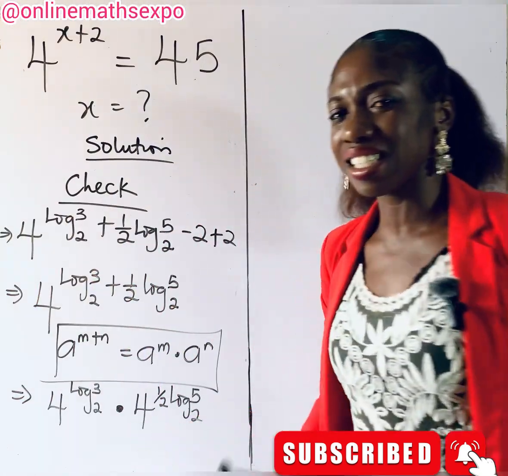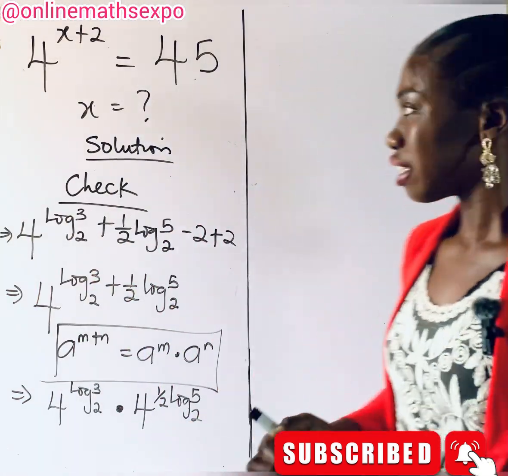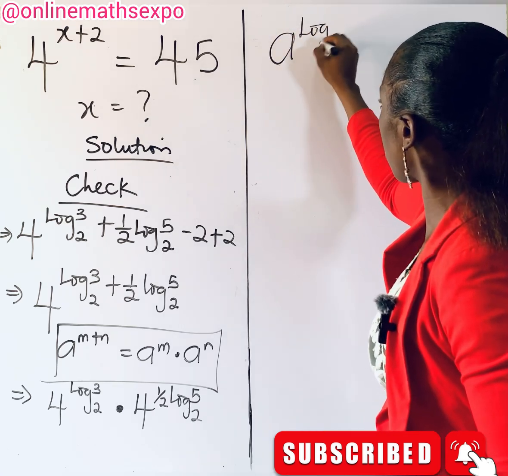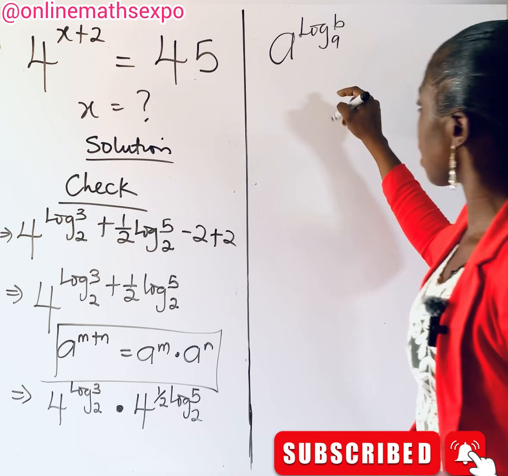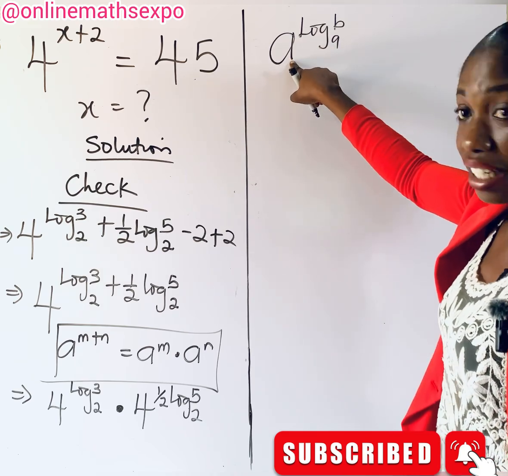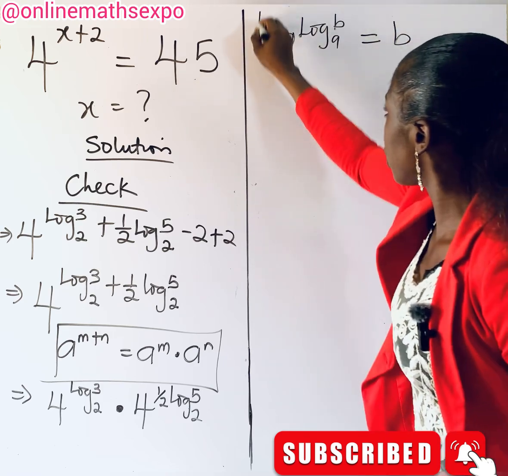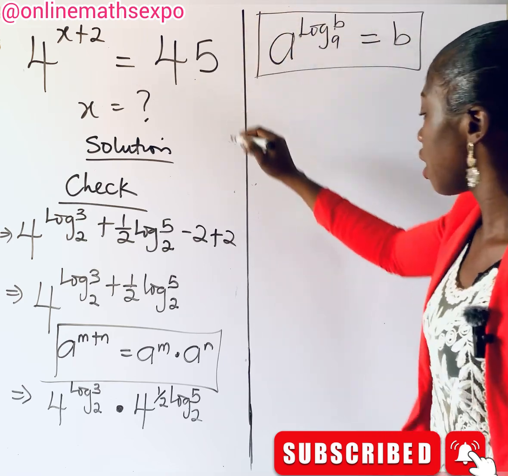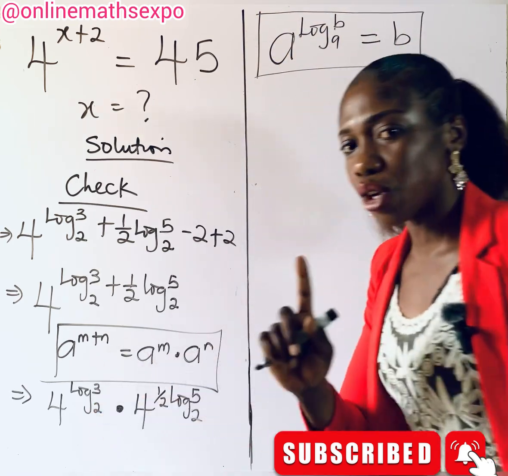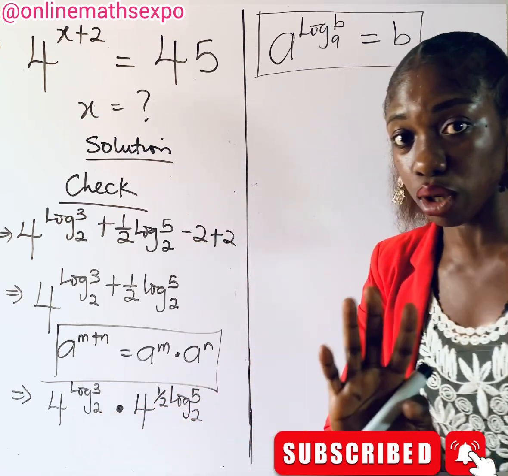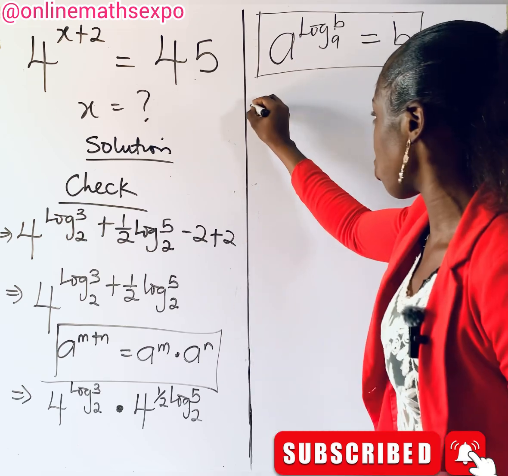To simplify this again, just remember this rule that says for every a that is raised to power of log of b base a, the base of the log and the general base are the same, it always results to this b. So this is going to guide us. But you observe carefully that this base is 4 and the base of the log is 2, but don't be scared. Let's see what to do to that.